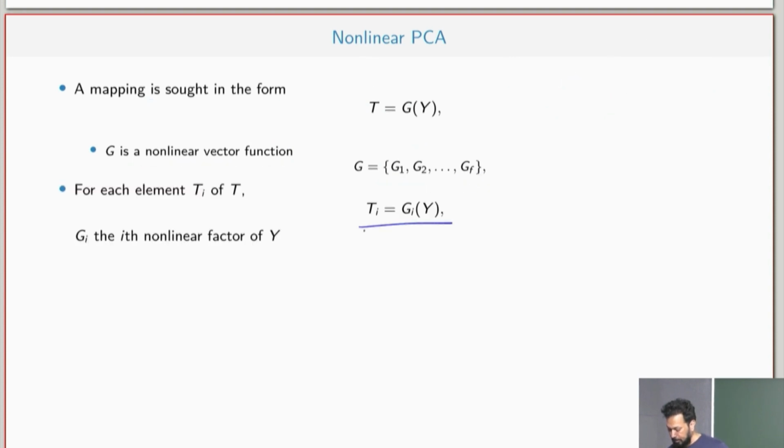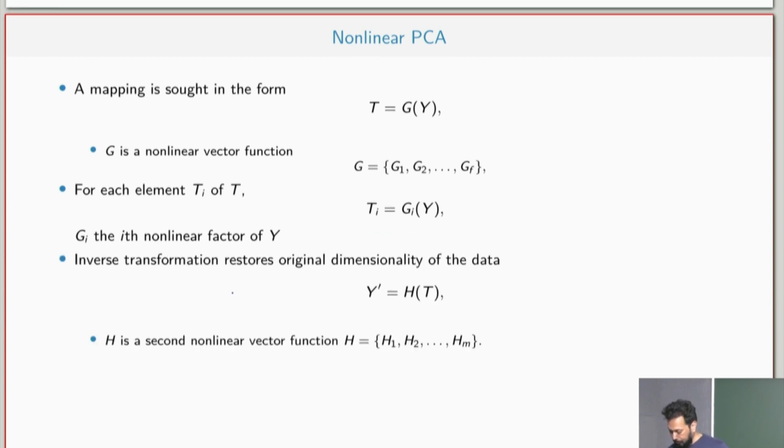So this is what I said. Ti could be seen as some nonlinear function gi, which takes y and produces ti. And we can also look at an inverse transform to maybe recover the y. The inverse transform could be seen as a nonlinear map H, which itself may have some m components.